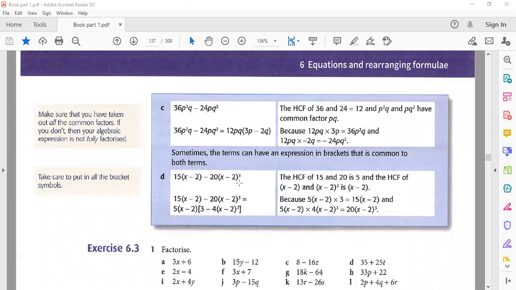Which number is common in 15 and 20? That is 5. 5 how many times equals 15? 3 times. And 5 how many times equals 20? 4 times. So we need to take 5 common, and we also take common x minus 2. So what is left here?